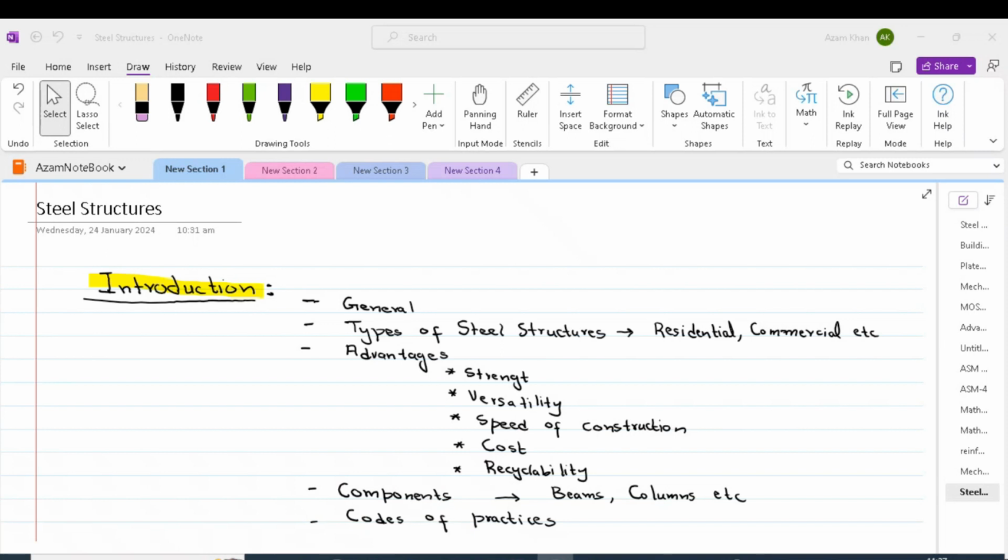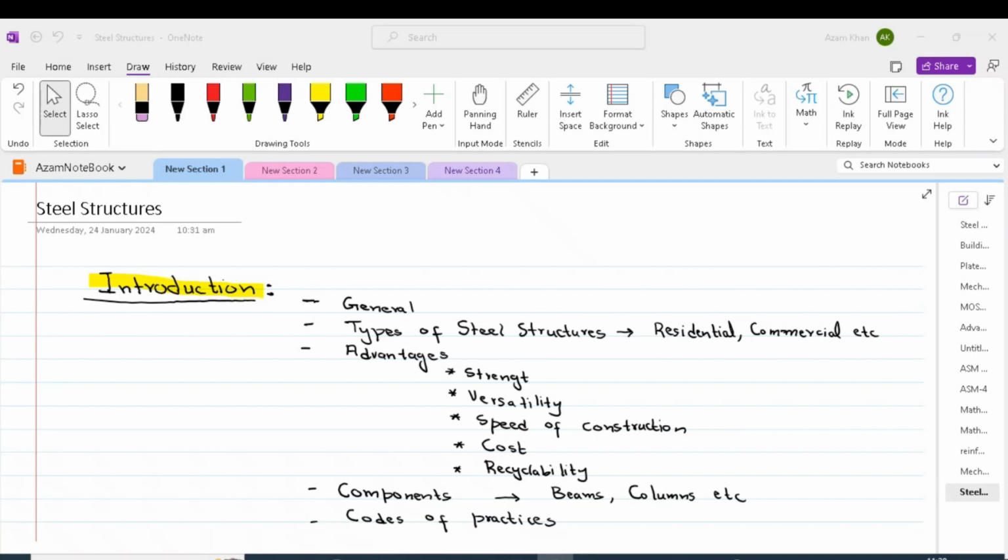Steel structures refer to construction that primarily uses steel as the main material for support framing and other essential components. Steel is a popular choice for structural application due to its strength, durability, versatility, and cost effectiveness.